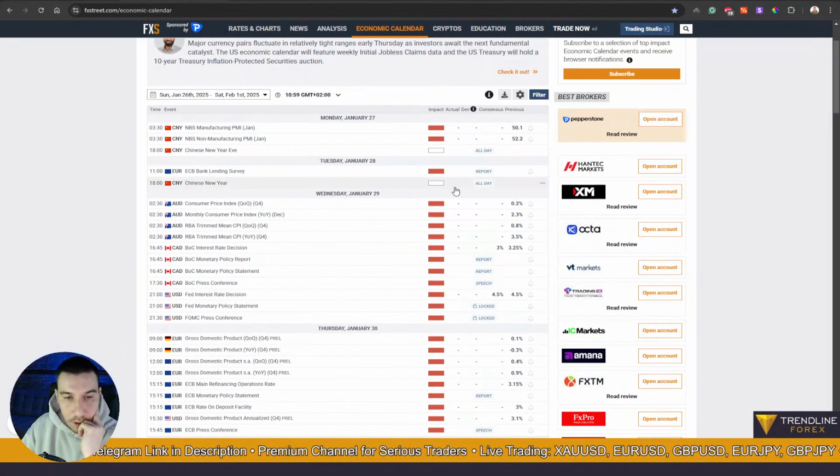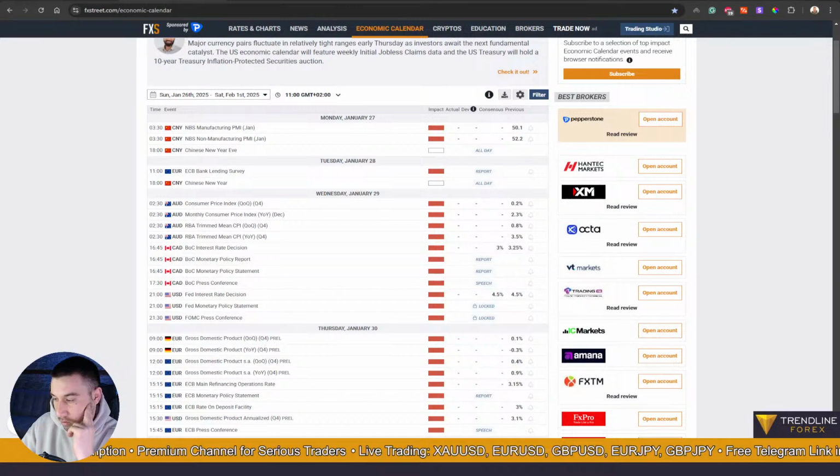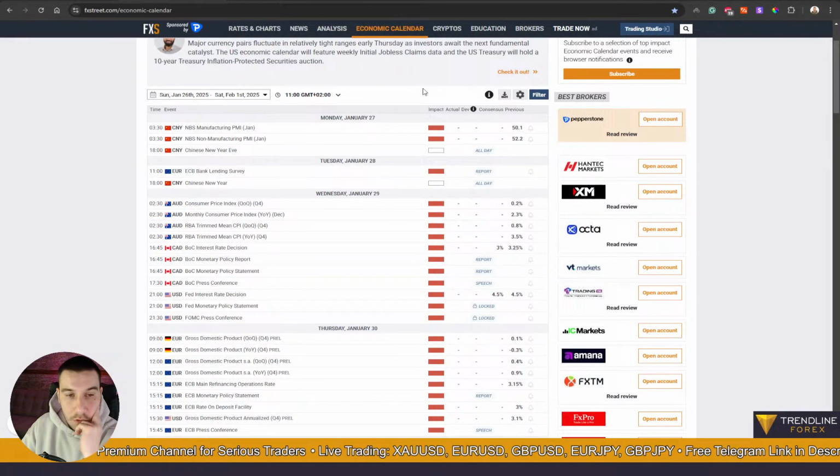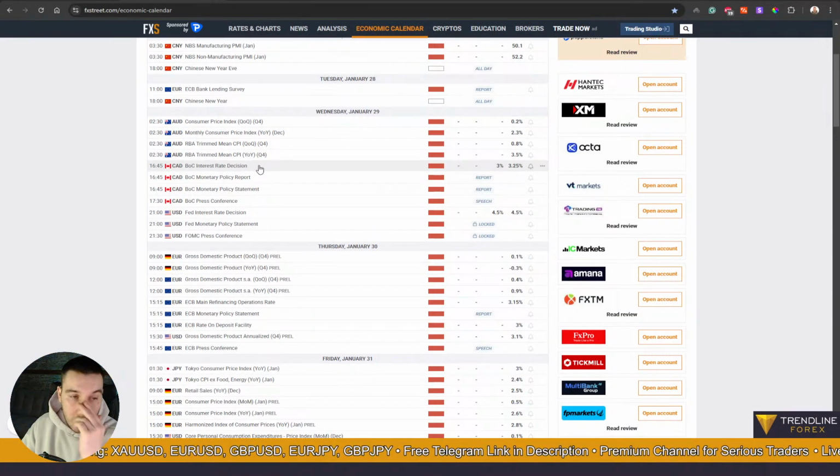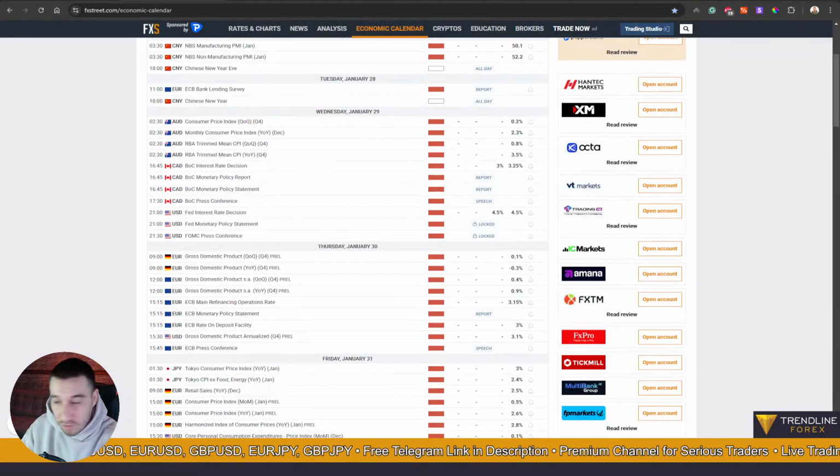Here's the economic calendar for next week. Bank of Canada's interest rate decision.